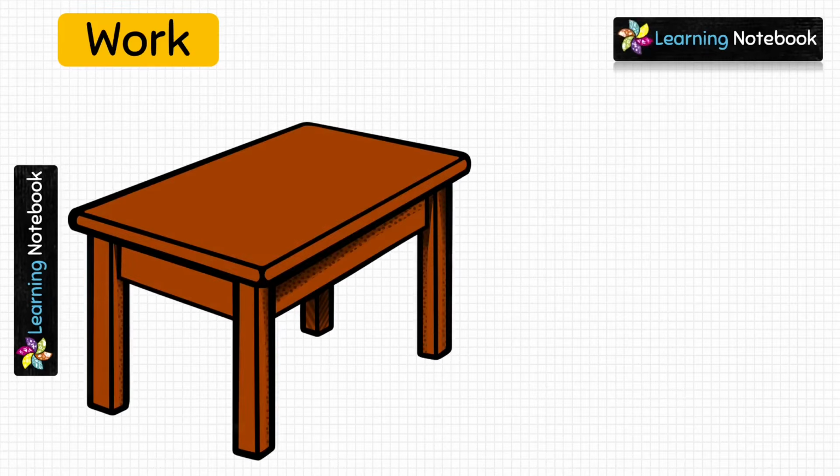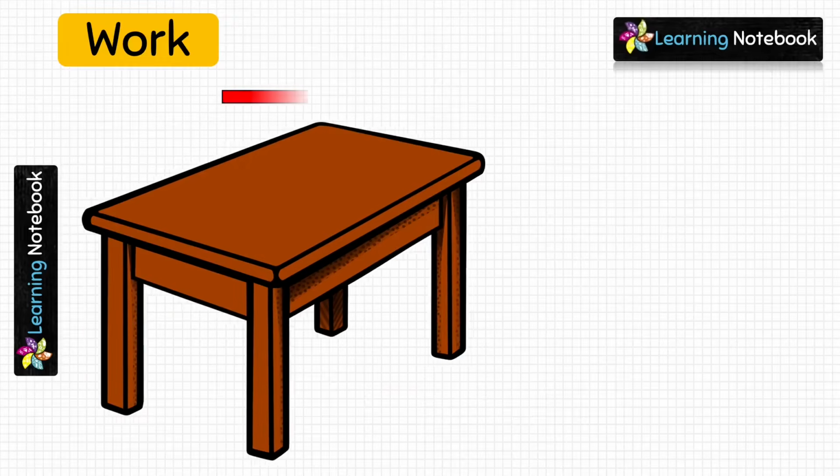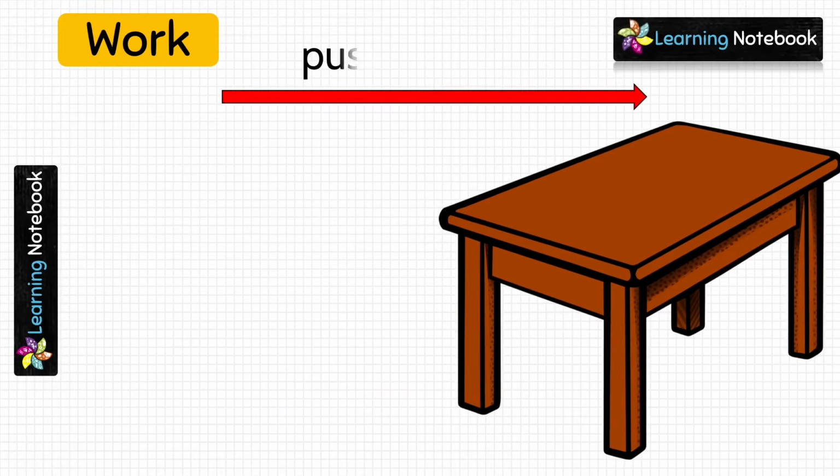Another example is when you move a table. It moves in the direction of the applied force. So this means work is being done here. We are pushing the table and it is being moved in the direction where we are applying the force. So here work is done.